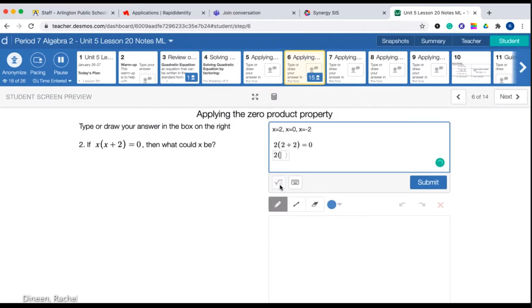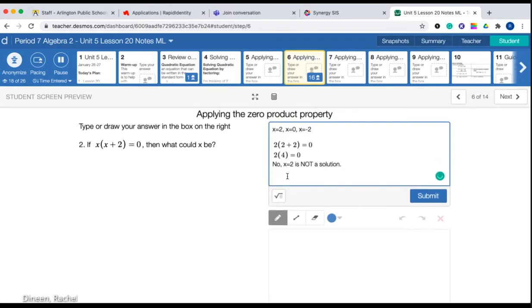So 2 times 4 equals 0. Is that true? Nope. So no, x equals 2 is not a solution.